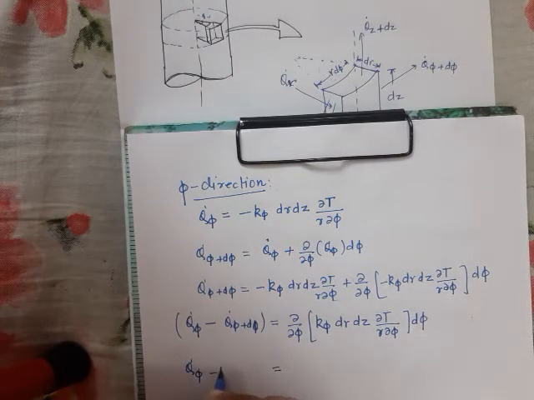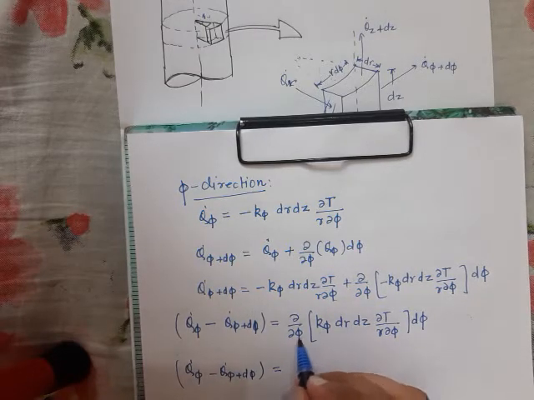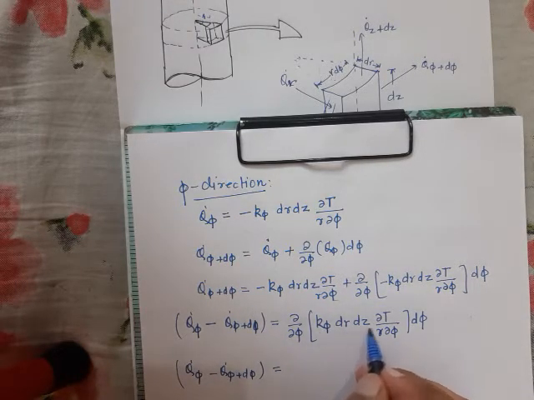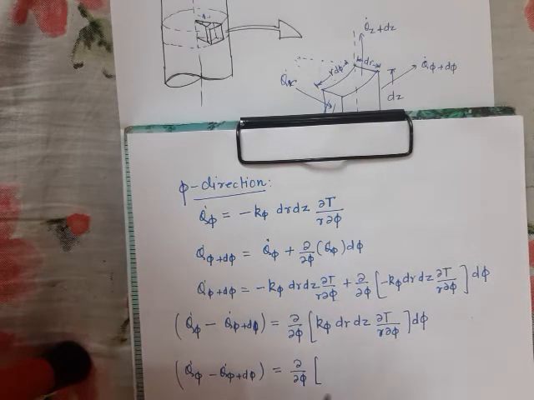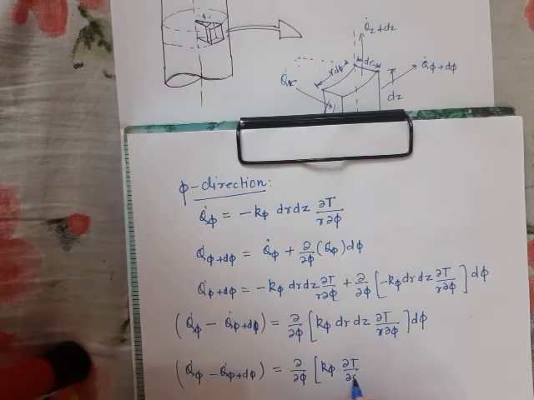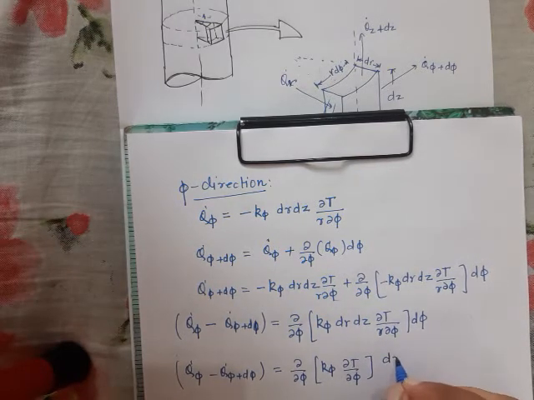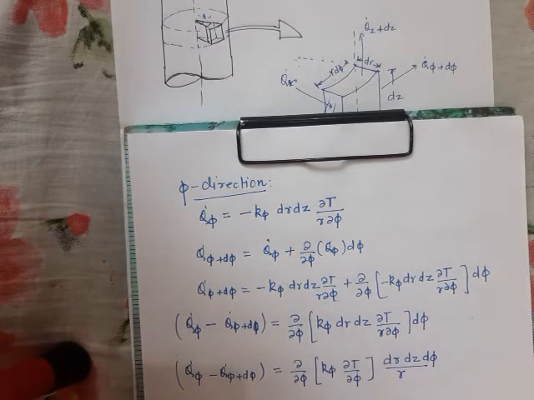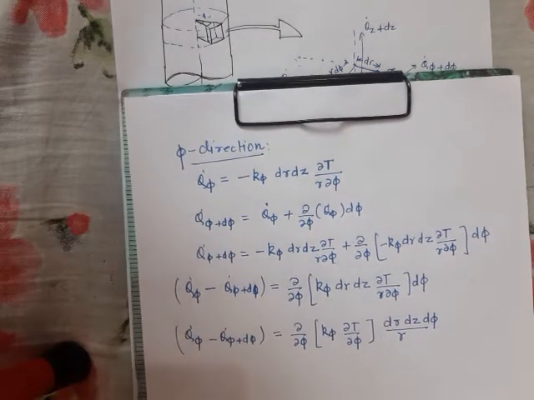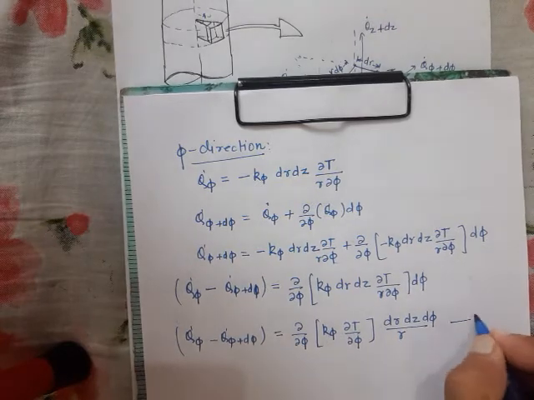This q_phi minus q_(phi+dphi) can be written equal to: k_phi would remain inside, dr dz can be taken out. So this is del upon del phi, k_phi would be inside, del T upon del phi would be inside. You can take out dr dz, d phi is already there, and this small r can also be taken outside because r is not a function of phi. So this r also can be taken out. Clear? So this is equation B.